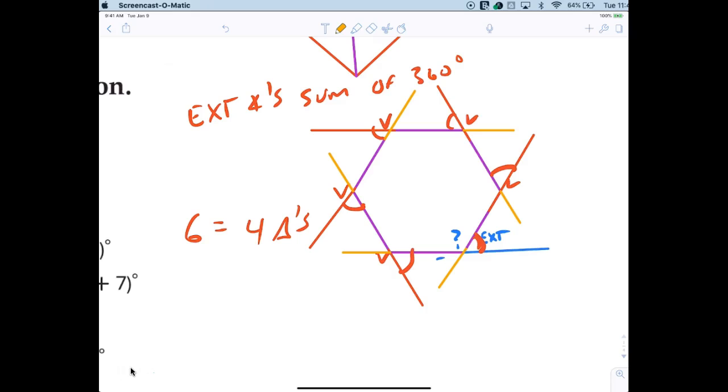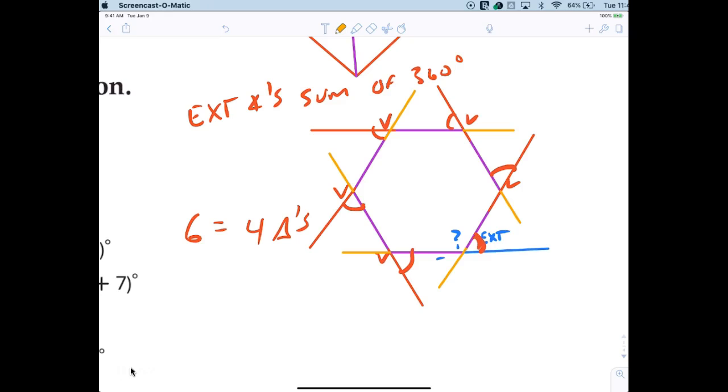So all of them add up to 360, like all polygons? Yes. Exactly. The sum of the exterior angles of any convex polygon. So it would wind up being like all 6 equal 360. That's exactly correct. That's 100% correct.